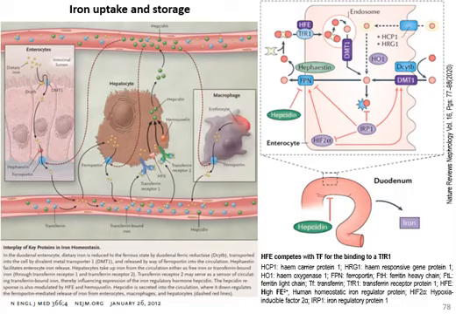Iron uptake and storage are regulated through two pathways. The first one, which should be emphasized, is that the most efficient way of iron uptake is heme. It's about 10 times more efficient than the uptake in the form of iron.